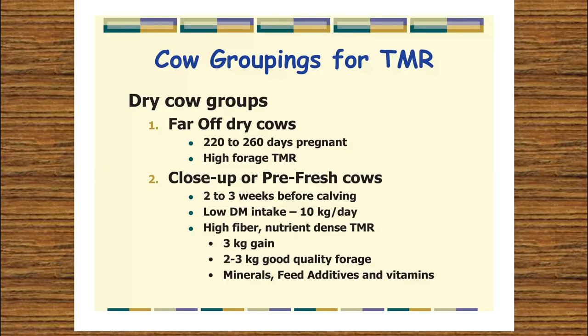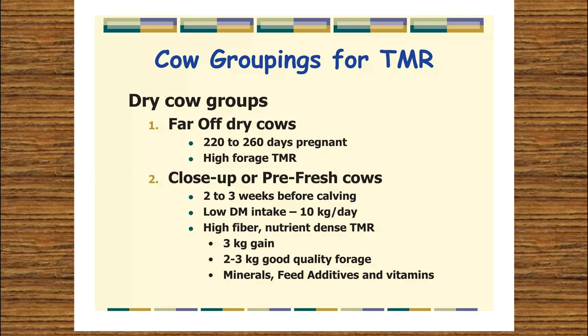Then cow grouping for TMR: dry cow groups. So these are far-off dry cows, 220 or 260 days pregnant. Then a high forage total mixed ration is required for these cows. Then there are close-up pre-fresh cows, another group.